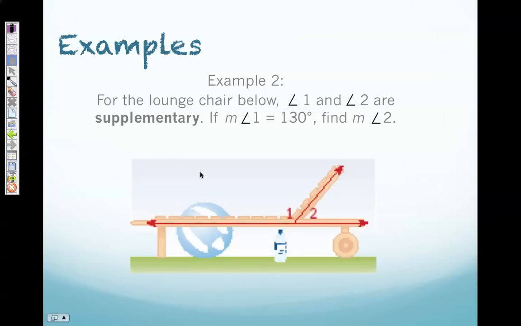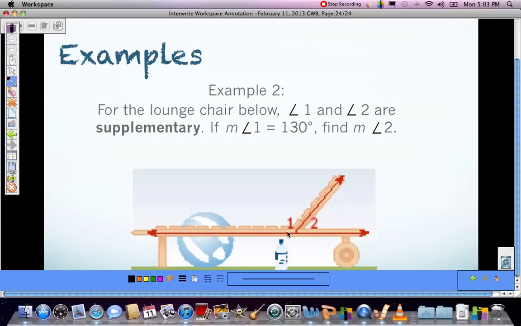All right, example 2. For the lounge chair below, angle 1 and angle 2 are supplementary. So we know that these two angles are supplementary, meaning that they equal 180 degrees together. If the measure of angle 1 is 130 degrees, so let's write this in. Please write this on your example sheet. What is the measure of angle 2?